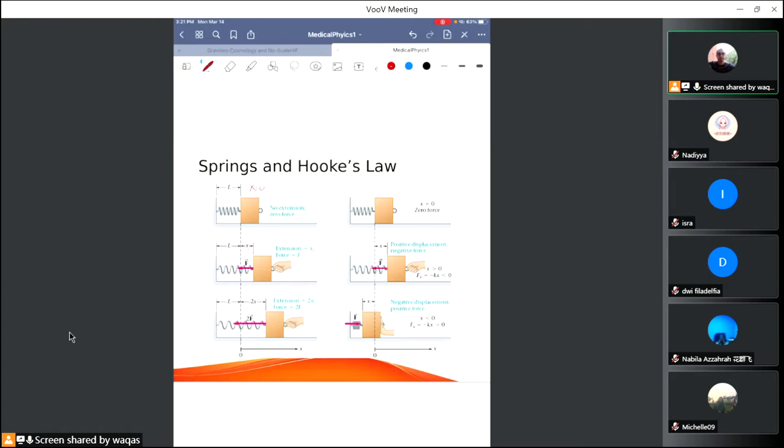So this shows that here you have a zero force, here you have a kx force, and here you have a k2x force. In this direction force is positive, and in this direction force is positive.